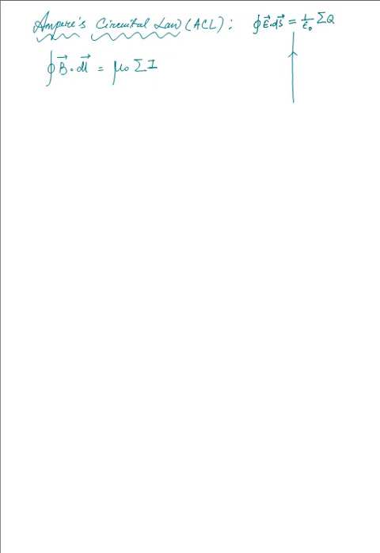Now, obviously, the current that we are considering over here, the summation of the total amount of current that we are looking for, is the total amount of current that passes within that closed loop considered.